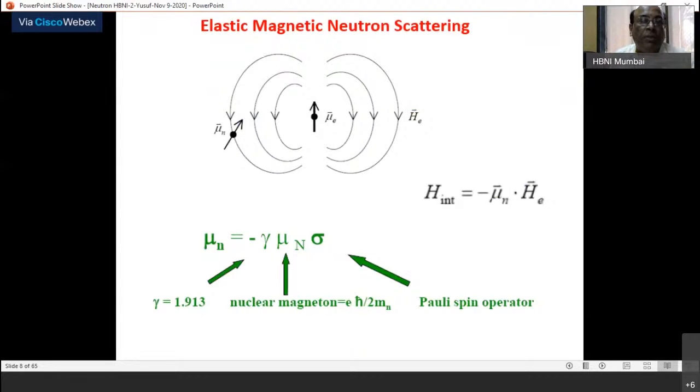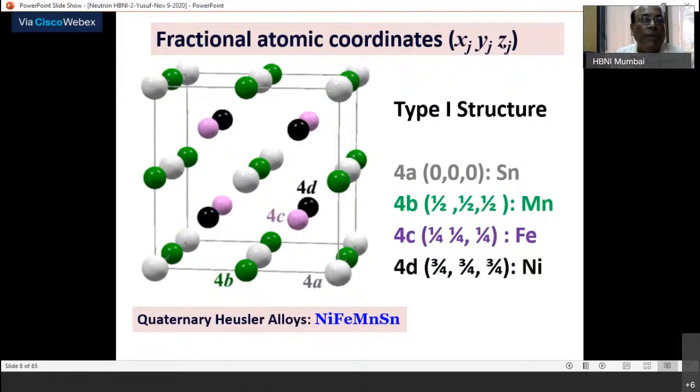I have done it many times in my life, but today I show you from this that there is some vector q, which is defined as small k cross product with capital K, again cross product with small k. And this is known as the magnetic interaction vector. This comes under the dipole approximation, which is very, very valid.